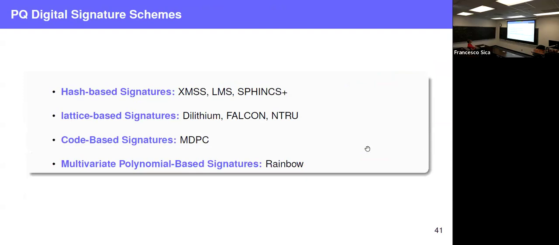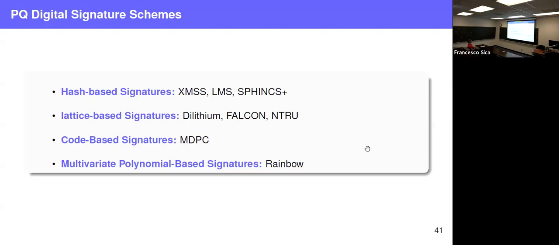So, post-quantum signature schemes come in several variants. As you can see, we have hash-based signatures like XMSS, LMS, and SPHINCS, while we also have lattice-based signatures like Dilithium, Falcon, and other multivariate polynomial schemes.